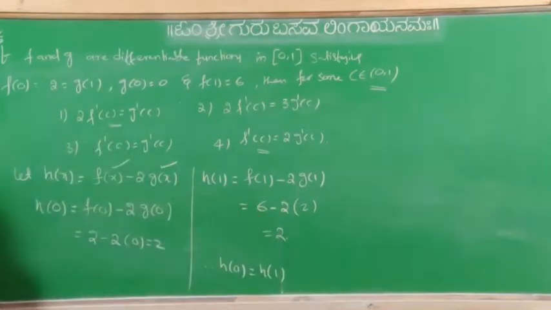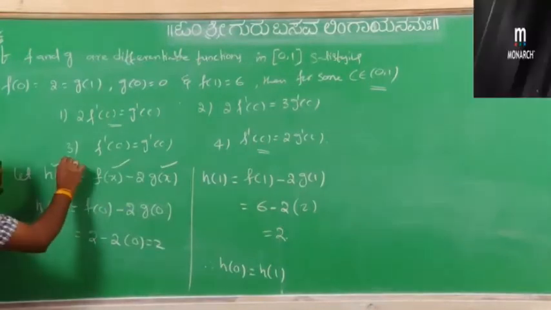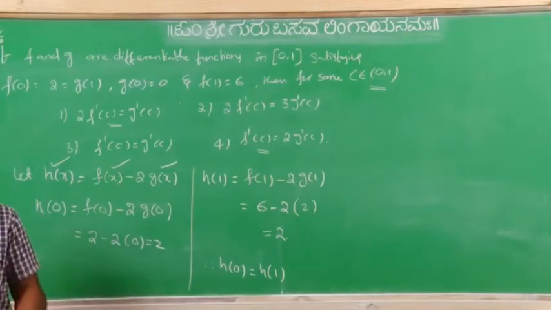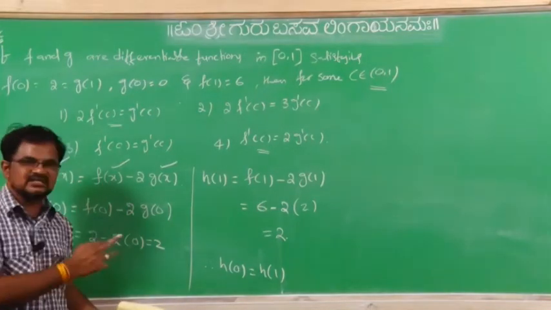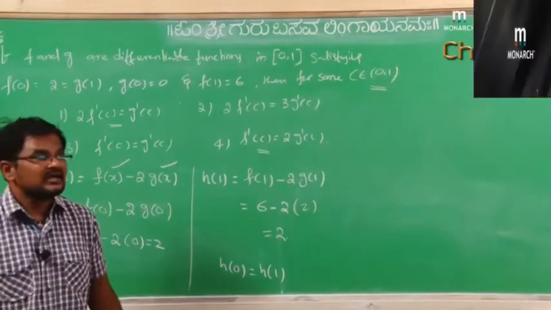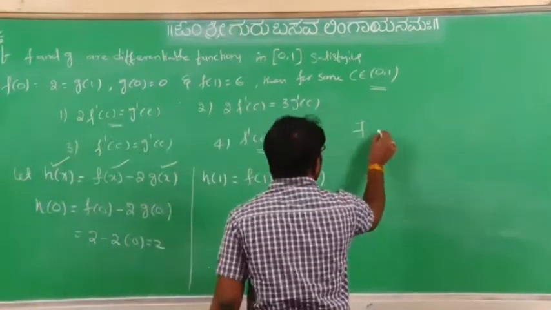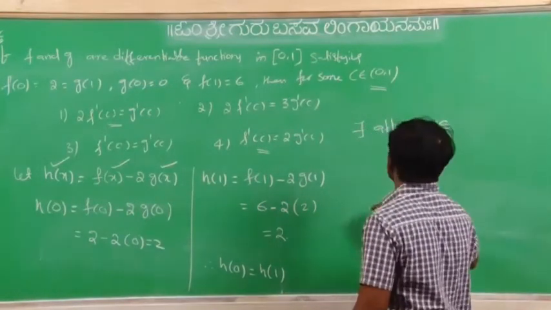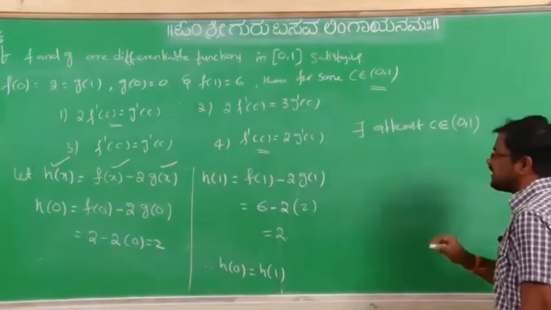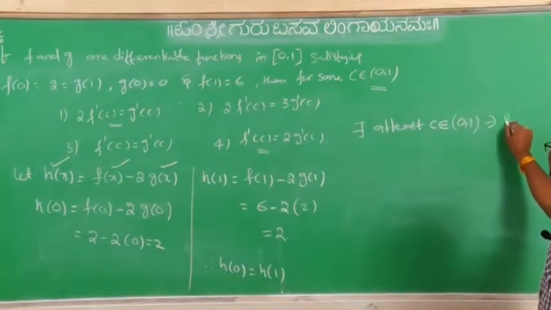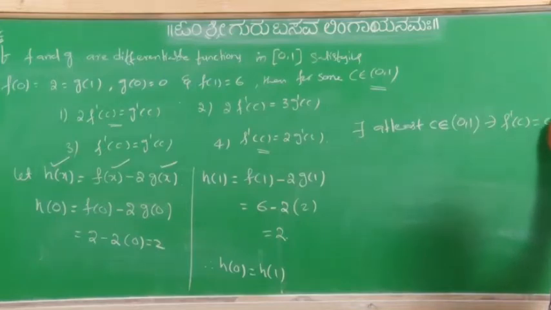So this function satisfies the 3 conditions of Rolle's theorem. Whenever a function satisfies the 3 conditions of Rolle's theorem, there exists at least one point C in the open interval (0, 1) such that h dash of C equals 0.